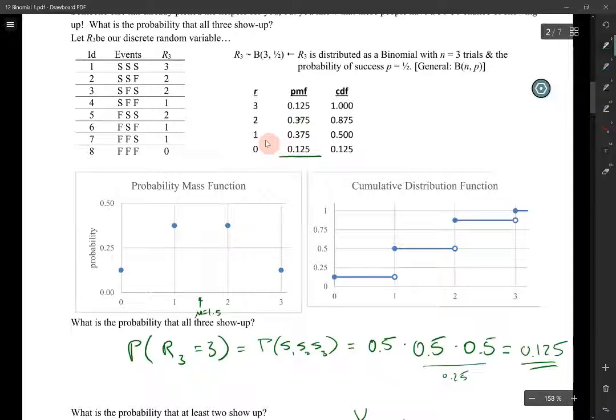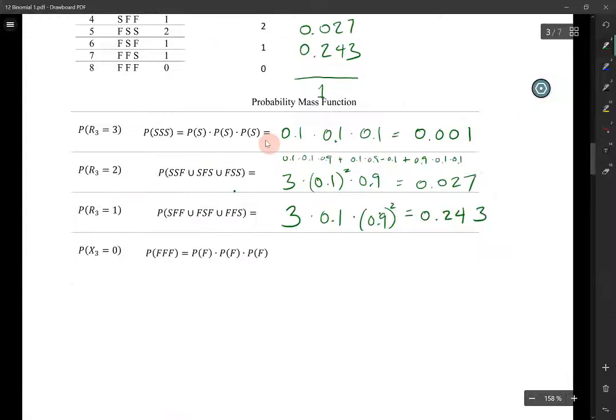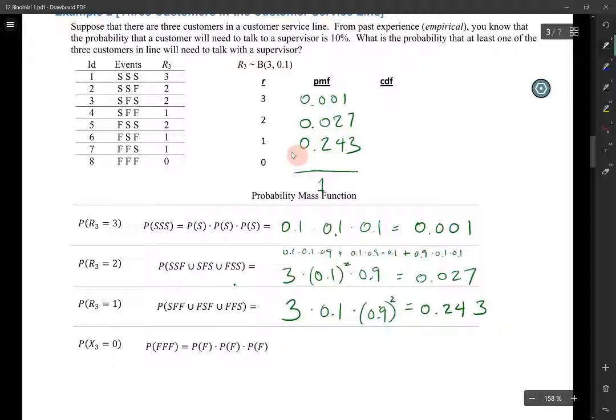So 0.5 plus 0.5 is equal to 1. So technically speaking, if we only have the one that's missing, the one empty space, we could do 1 minus all of those, and then we would come up with the answer.